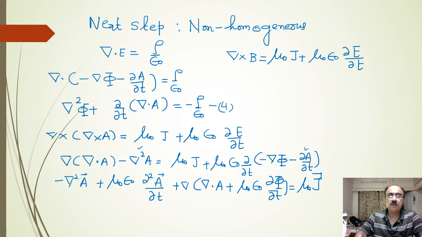It is all implied that whenever A, J, E come, these are all vector fields.